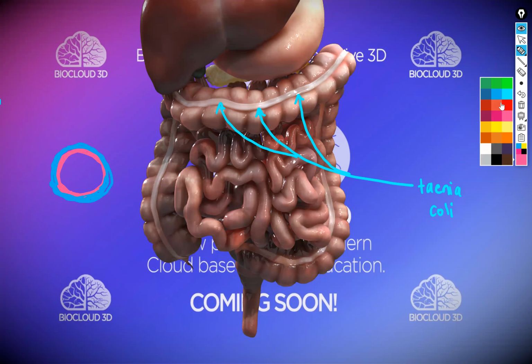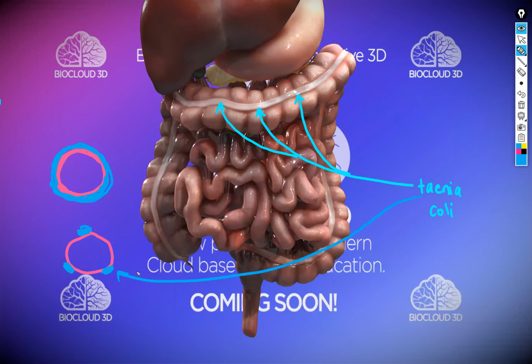In the large intestine, you still have that inner layer, but now the outer longitudinal layer is just, instead of going all the way around, it's just 3 long strips. So those are the Taenia coli from a different view. Hopefully that makes sense. So basically the outer longitudinal layer is reduced to not covering the entire surface, but now only 3 strips.